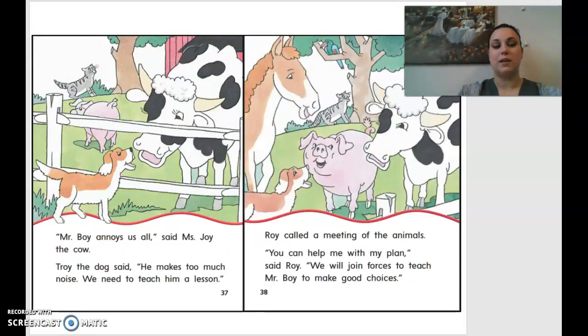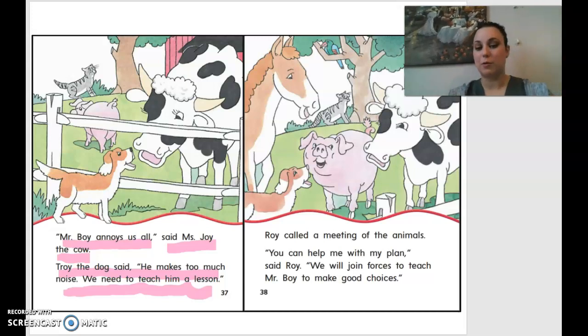Ready? Read. Mr. Boy annoys us all, said Miss Joy the cow. Troy the dog said he makes too much noise. We need to teach him a lesson.